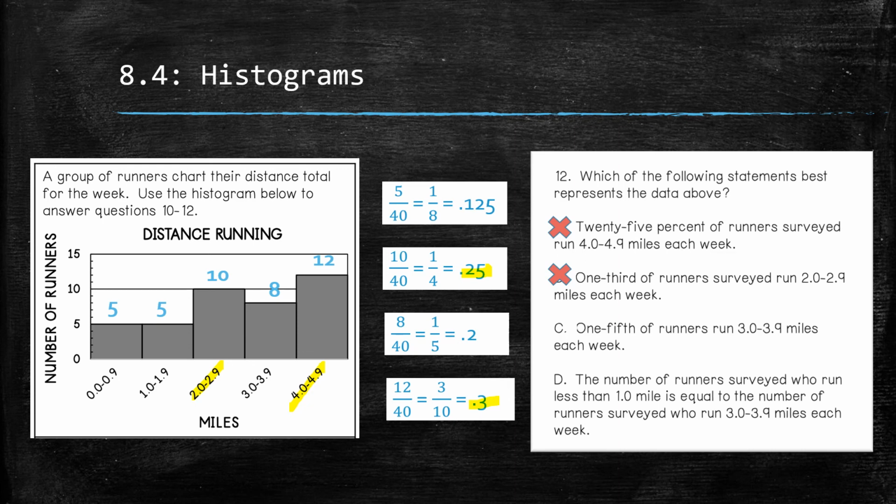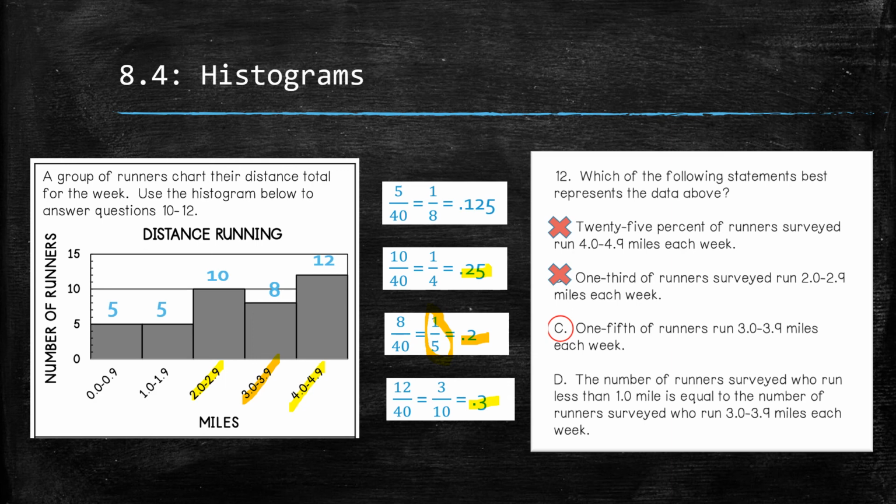C, 1/5 of my runners run 3 to 3 9/10 miles each week, which corresponds to this one here. And yes, that is 1/5, so that is correct. And I'm not just going to rule out D without reading it.